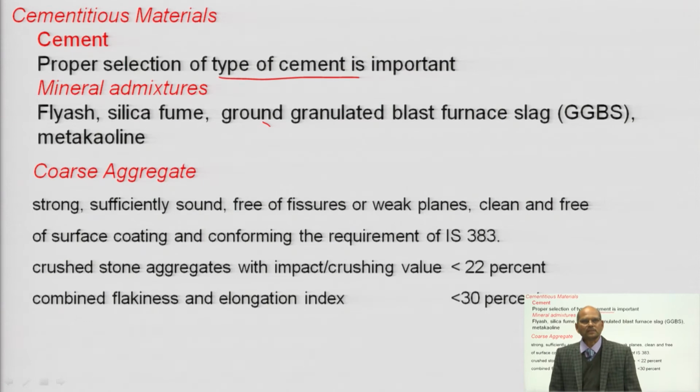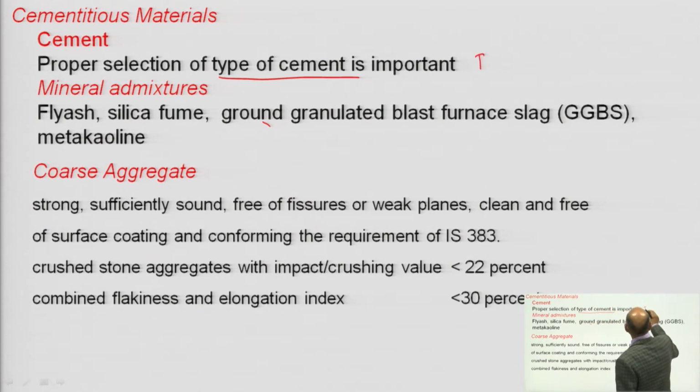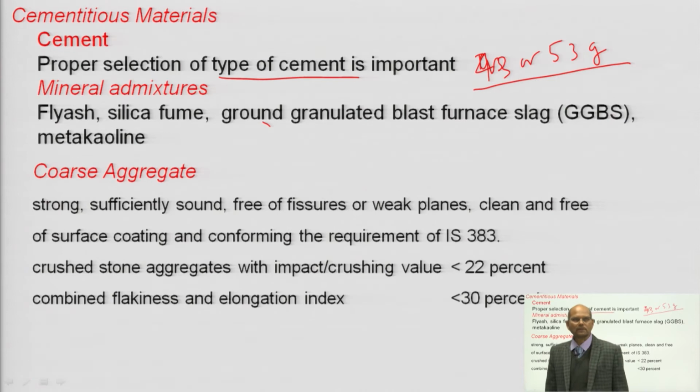So, we have to select a proper type of cement which will give less heat of hydration. Particularly, cement which has a low percentage of C3A is better, and high strength cement is also better. So, you can use 43 grade or 53 grade or even more for producing better high strength concrete.